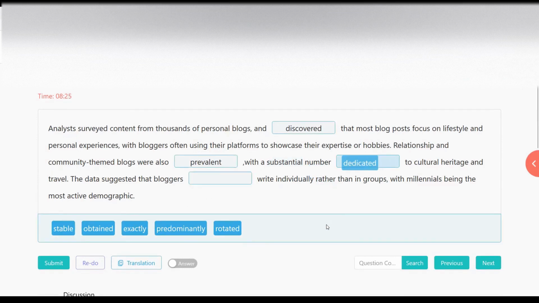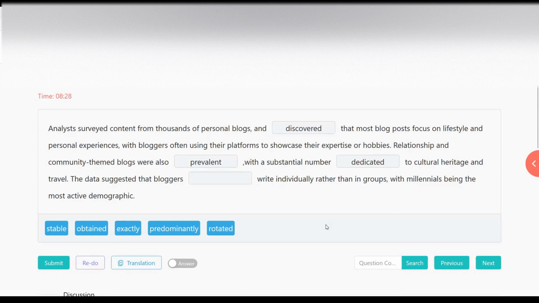A good number of blogs were also focused only on cultural heritage and travel. Synonyms, right?